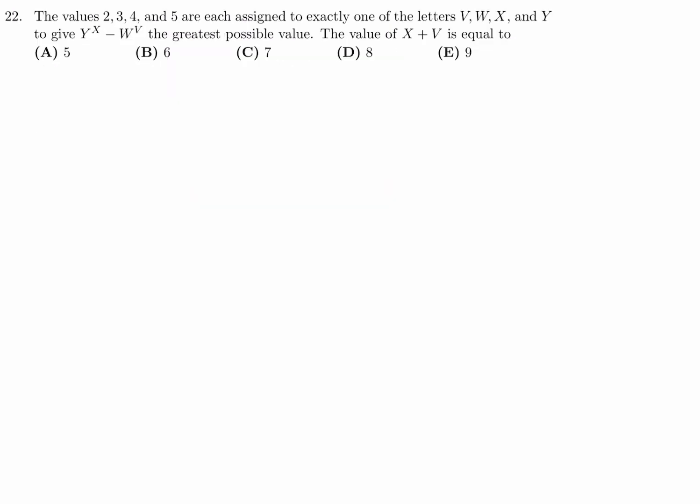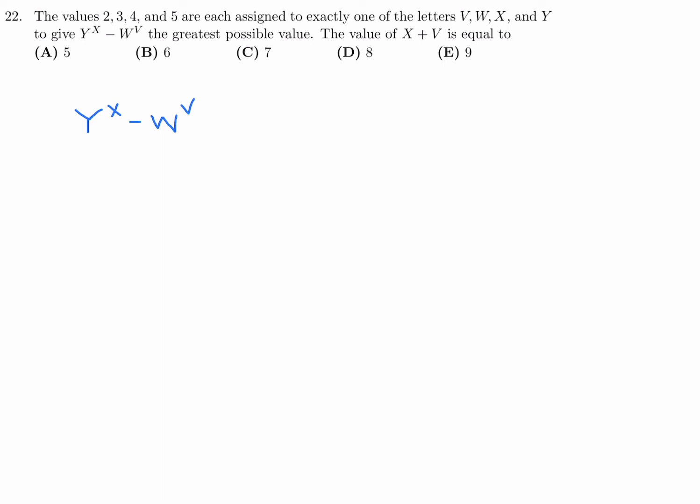The values 2, 3, 4, and 5 are each assigned to exactly one of the letters V, W, X, and Y to give Y to the power of X minus W to the power of V the greatest possible value. The value of X plus V is. Okay, so we've got to make that have the greatest possible value.